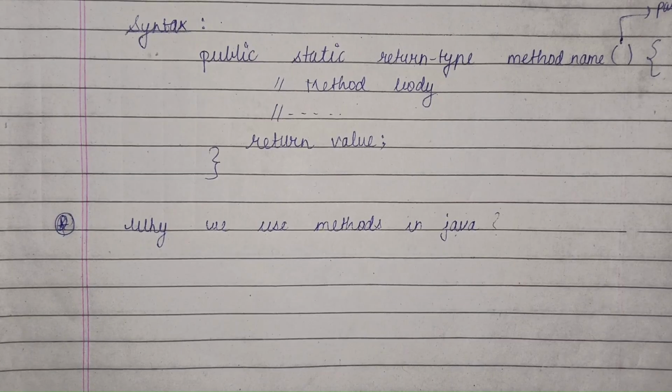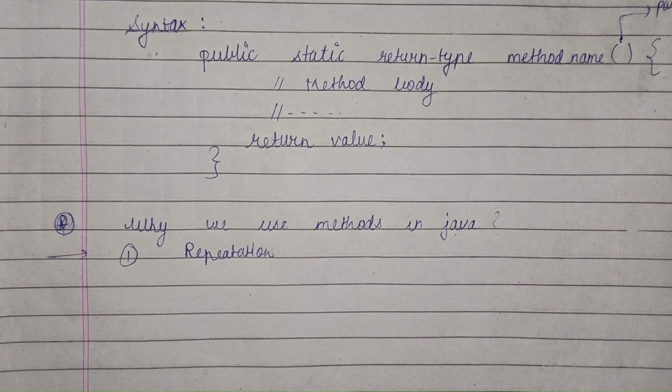So why do we use methods in Java? The first reason is repetition. Once we create a function for a specific task, we need not write the block of code again and again. We simply call the function name in the main method, and the code will execute multiple times.